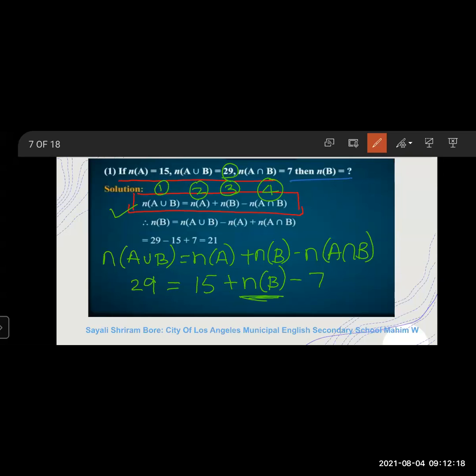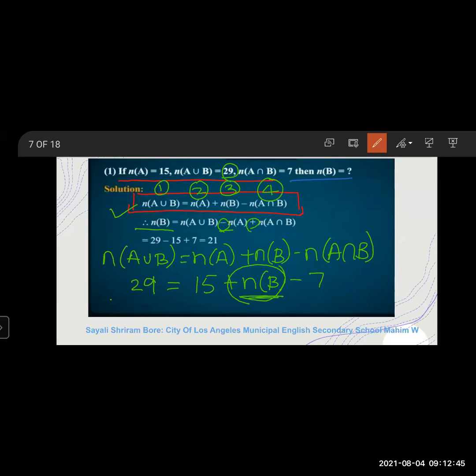If I bring this n of B to my left hand side, because I have to find that out, the union will go here. So n of A union B minus n of A plus n of A intersection B. See here, you can see the sign changes.